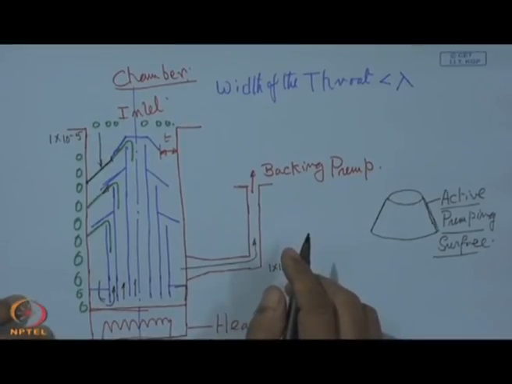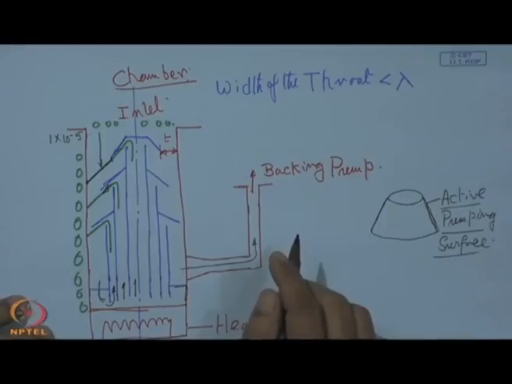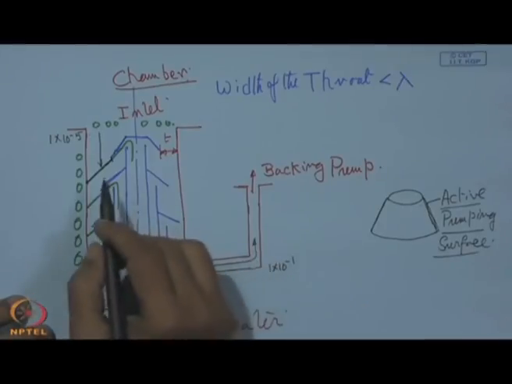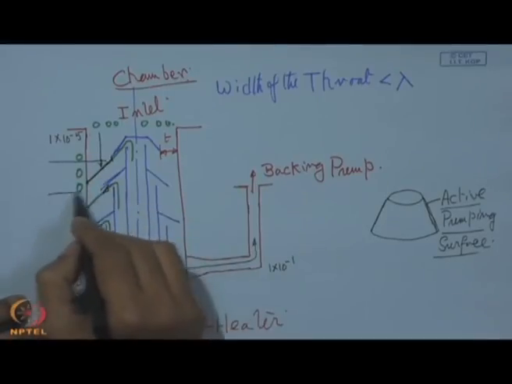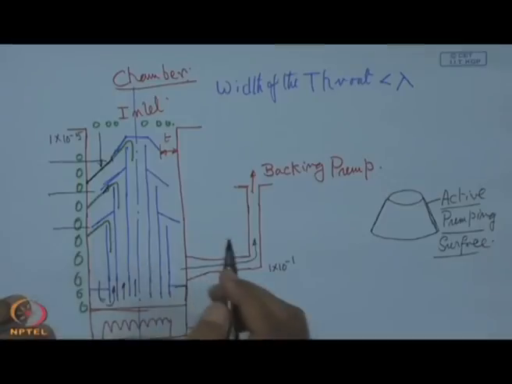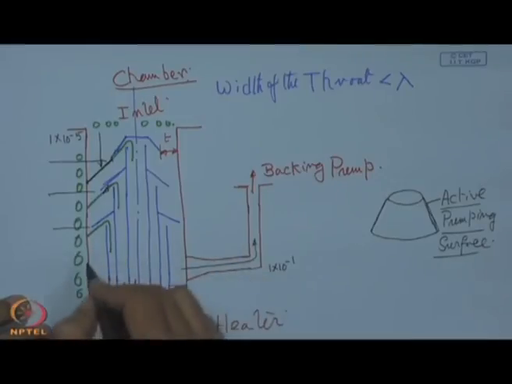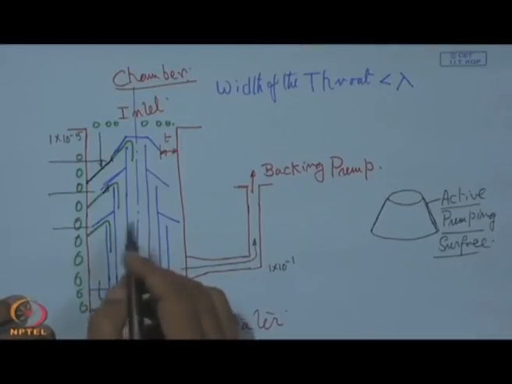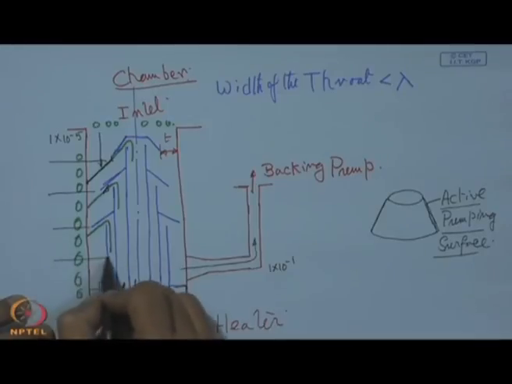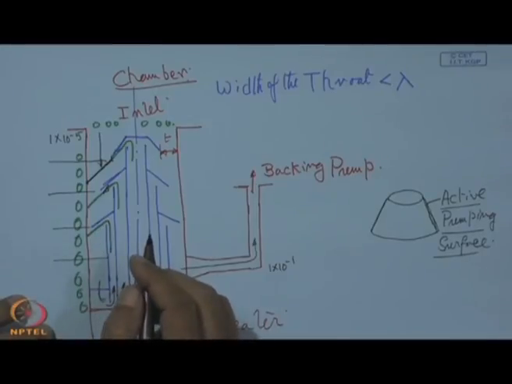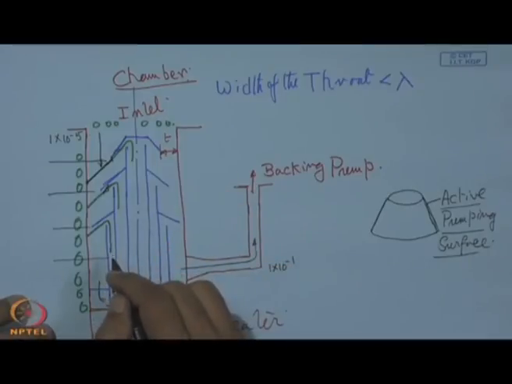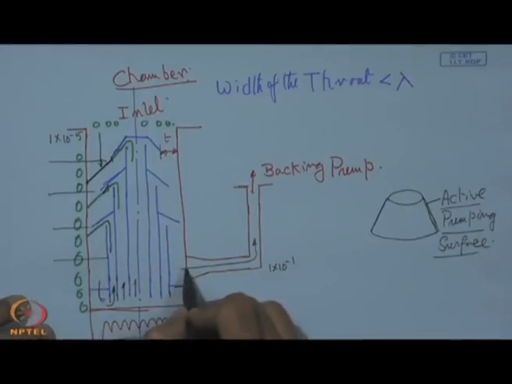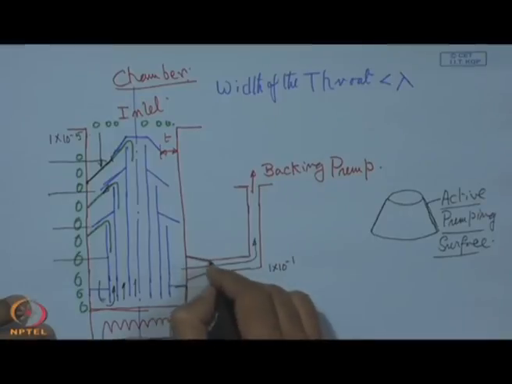So, this is the first stage compression, this is the second stage compression, and this is going to be the third stage compression, and as a result this will be choked.